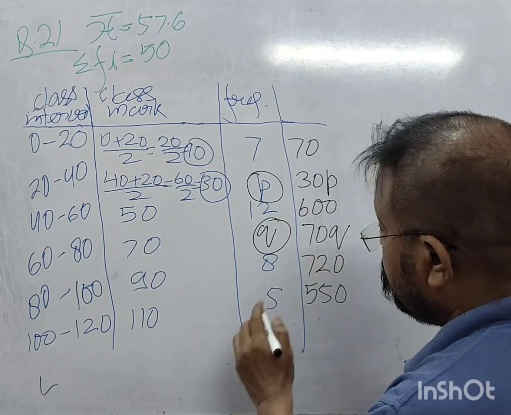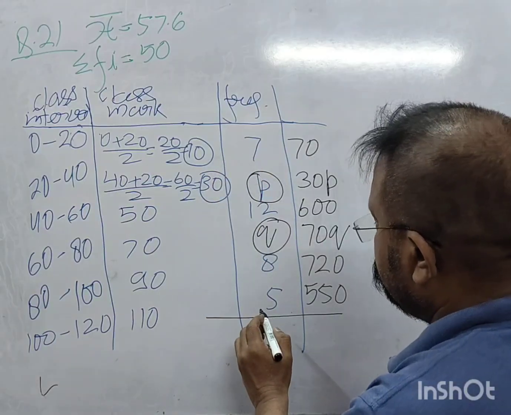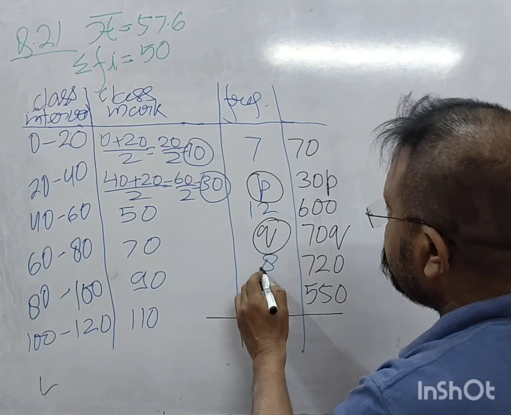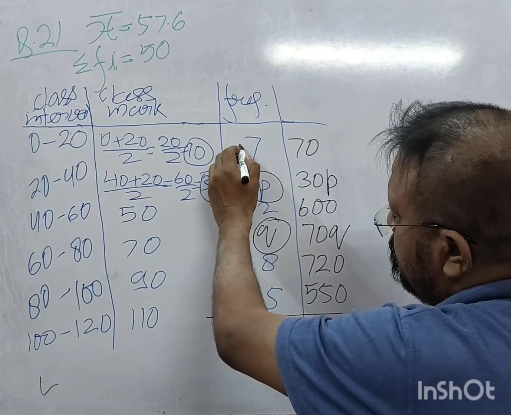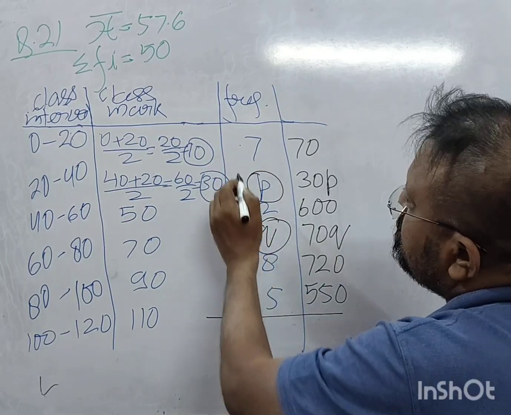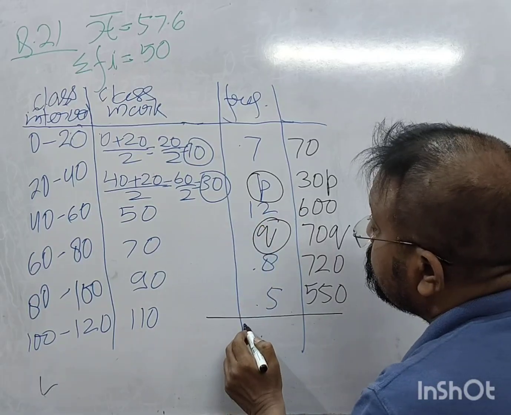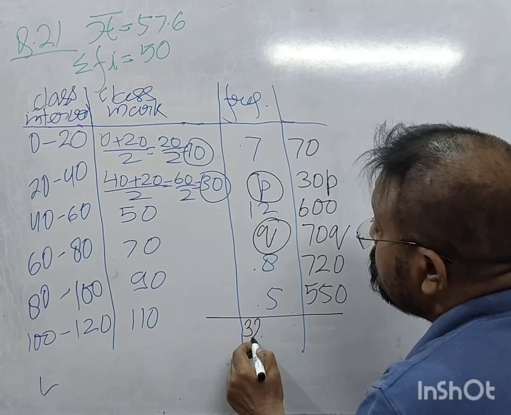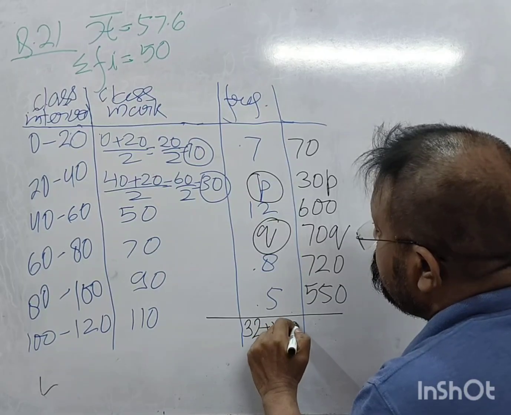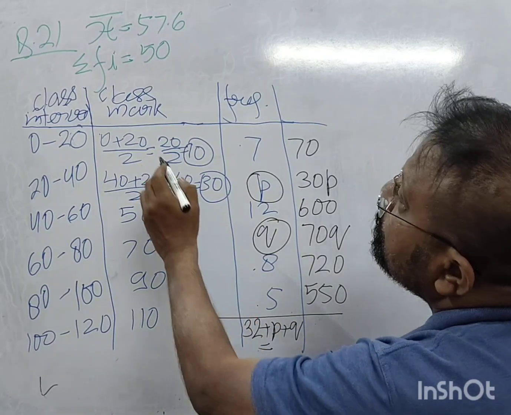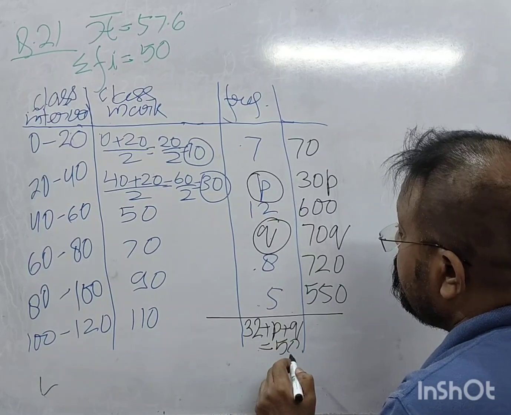When we add the frequencies: 8 plus 7 is 15, plus 5 is 20, and 12 makes 32. 32 plus P plus Q is given as 50.